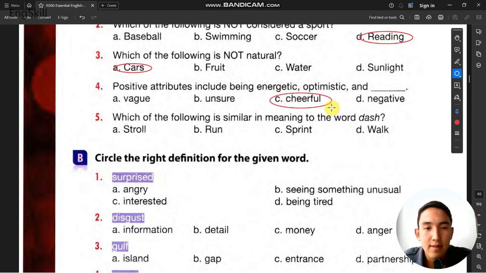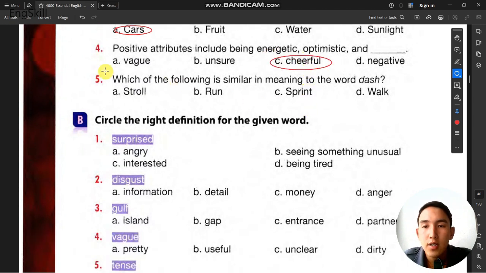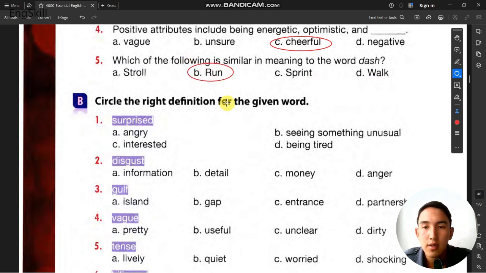Cheerful is a positive attribute. Number 5. Which of the following is similar in meaning to the word dash? Stroll, run, sprint, walk. Run. Dash means run.